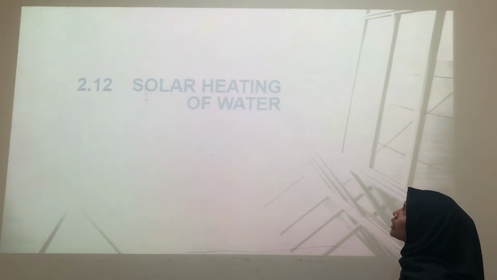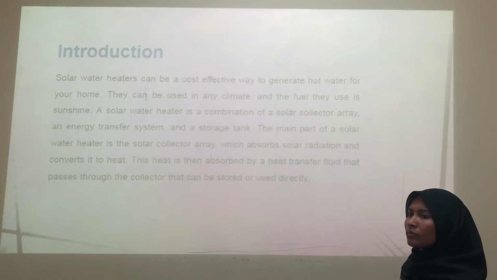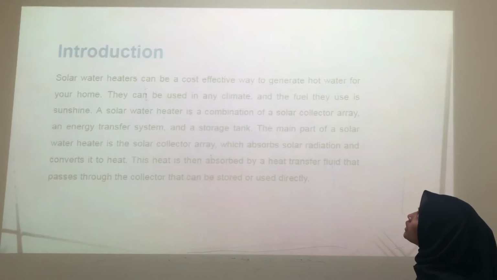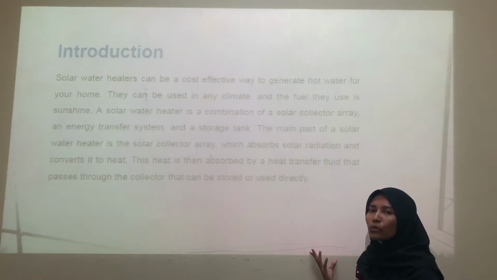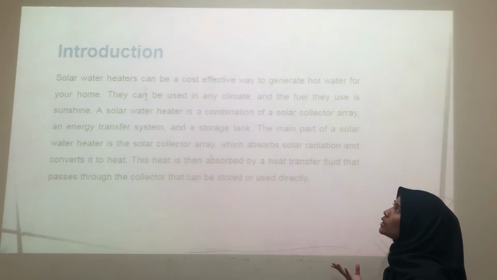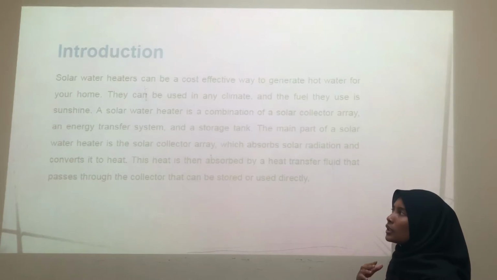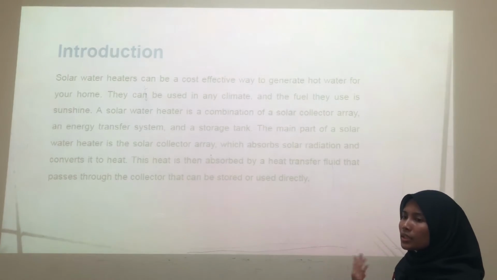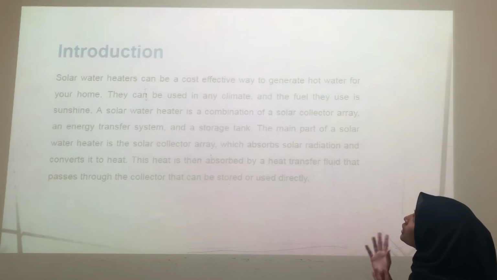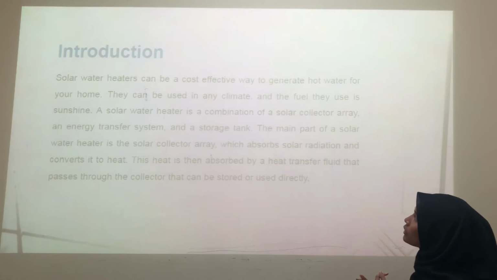2.12 solar heating of water. Okay, solar ni salah satu cara yang boleh kita generate hot water untuk rumah. And then water heater ni the combination solar collector array and an energy transfer system and a storage tank.